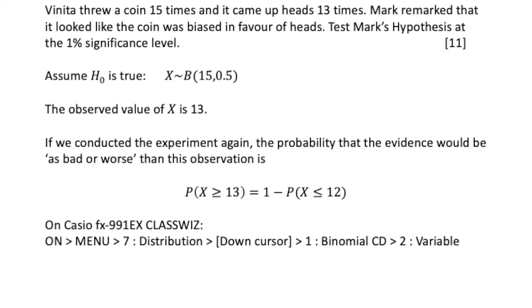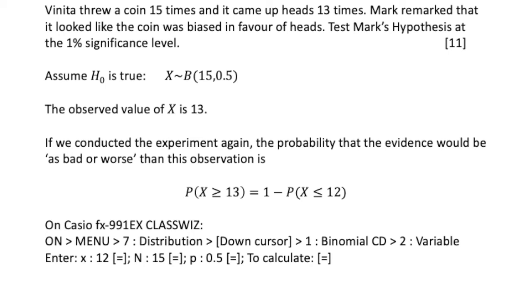That stands for cumulative distribution. And then it'll give you 2 options after that. You choose option 2. It'll then show on the screen the values that you need to input to calculate a binomial cumulative probability. We need to enter the value x equals 12.